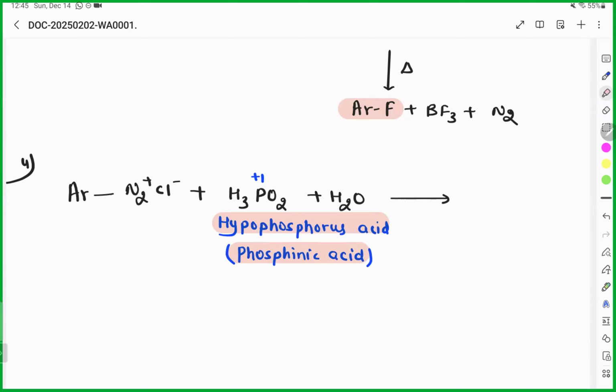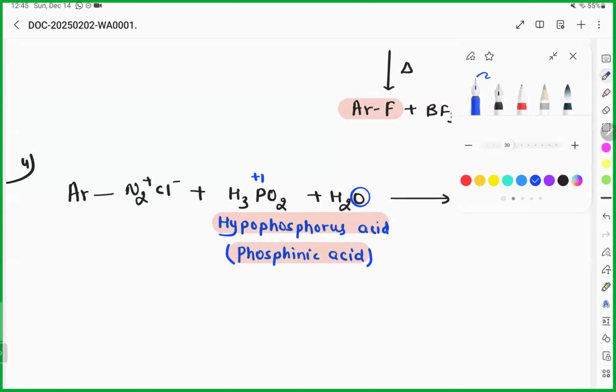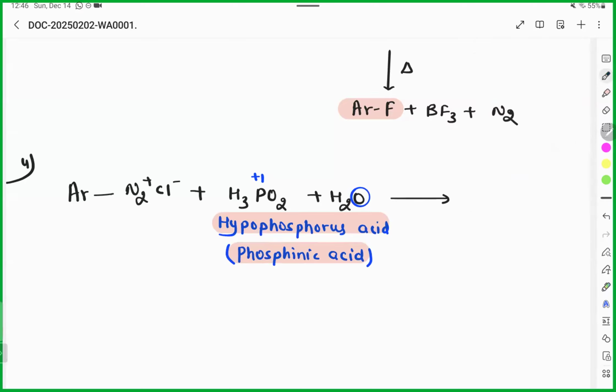Oxygen of this water will be added and it will become phosphorus acid. One hydrogen will be added here, plus H3PO3 will form, and of course nitrogen and HCl will come out.